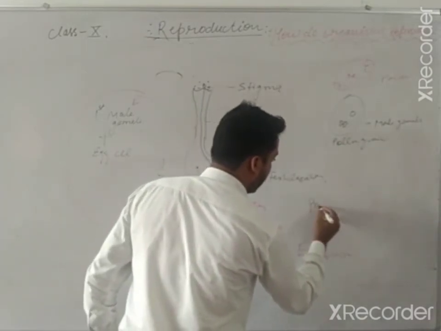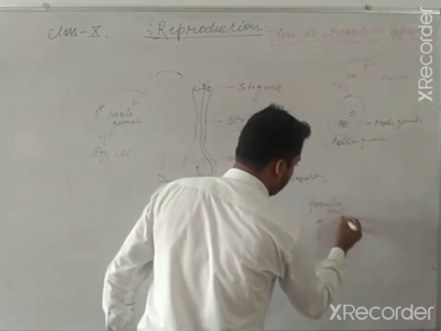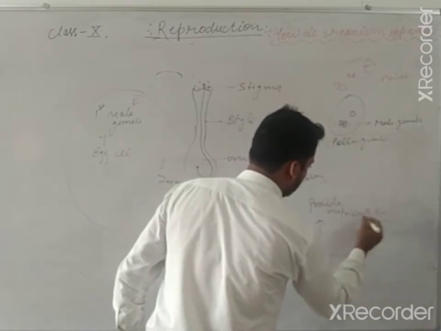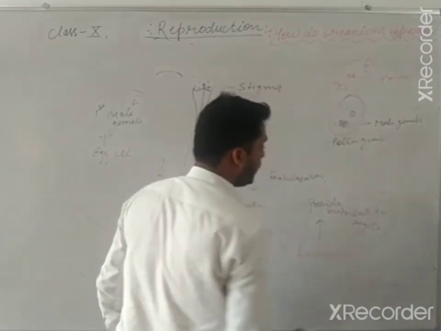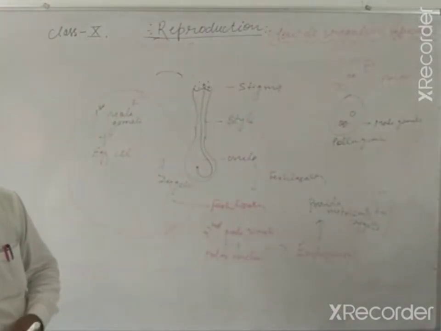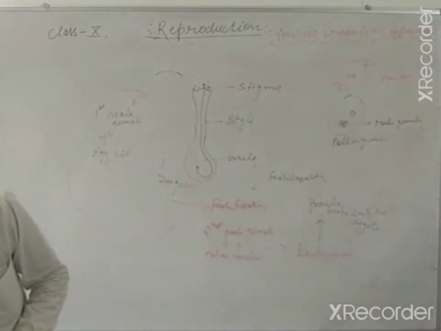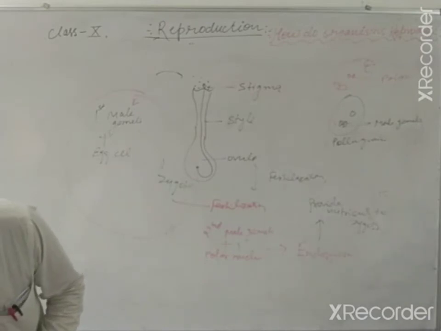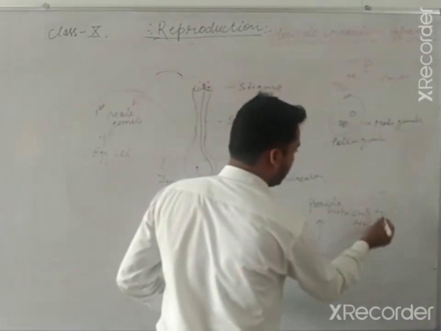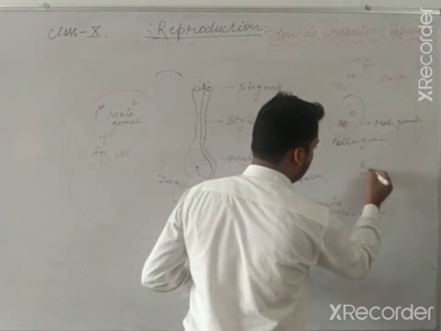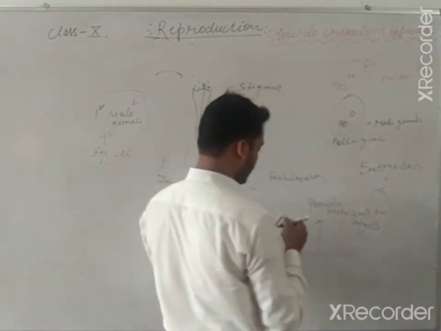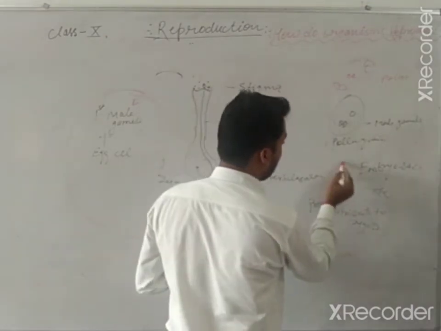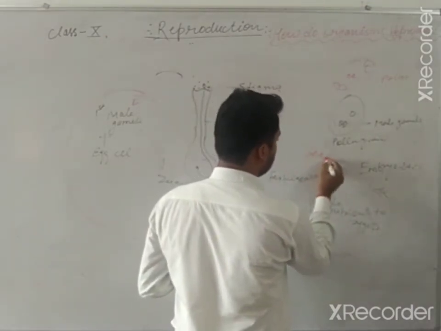The fully formed zygote is converted into the embryo. The embryo develops into the seed.